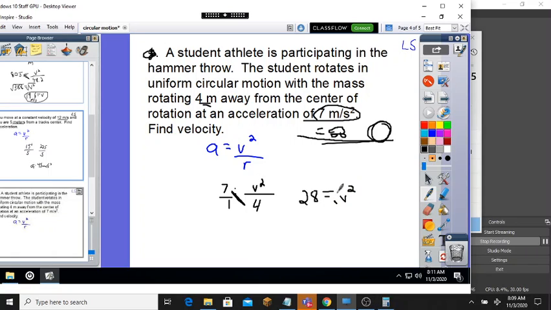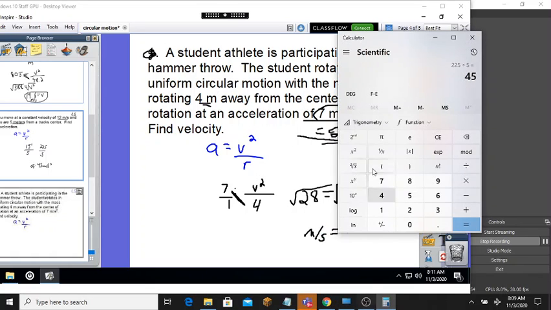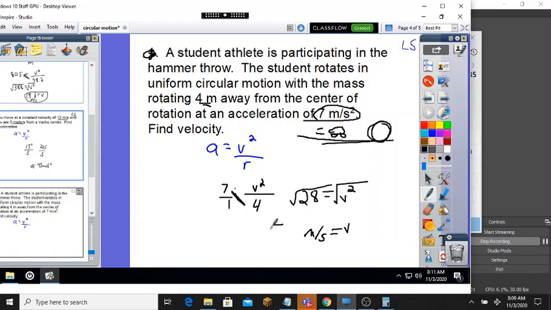Now we take the square root of 28. Our answer is going to be in meters per second. Square root of 28 is 5.2. So the velocity is 5.2.